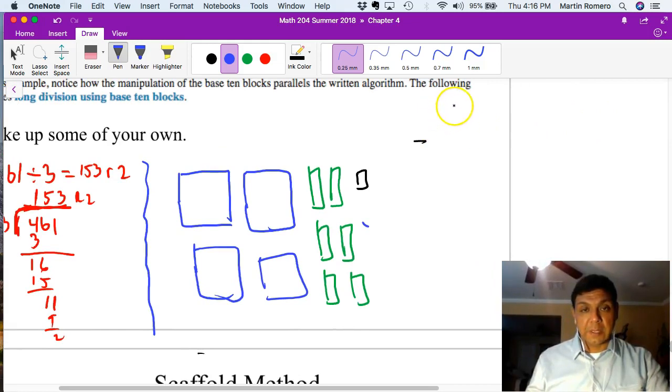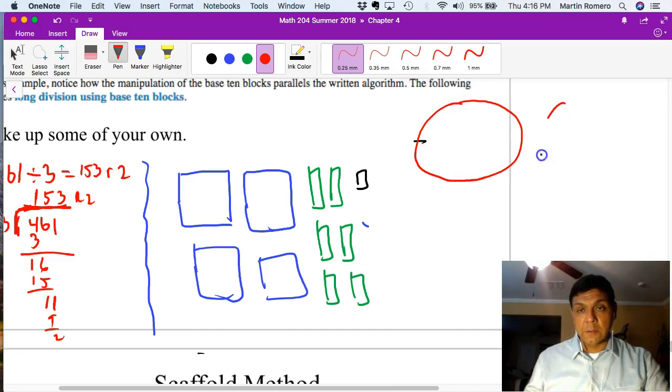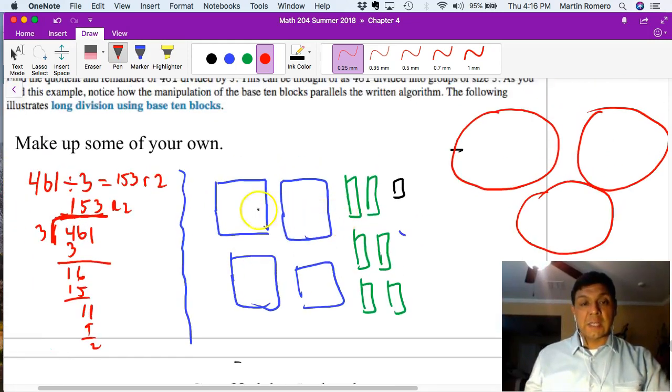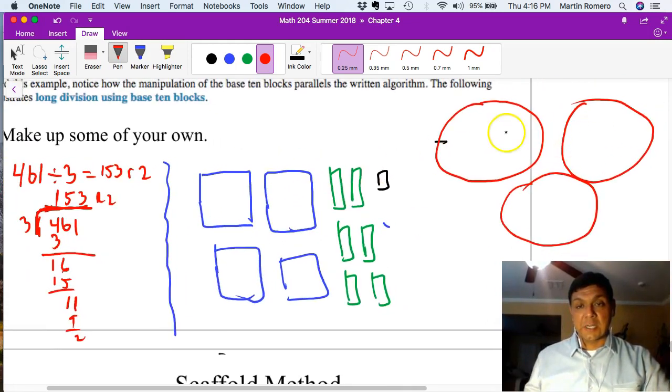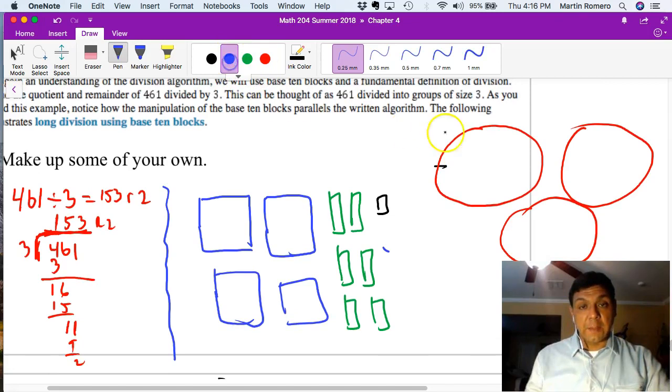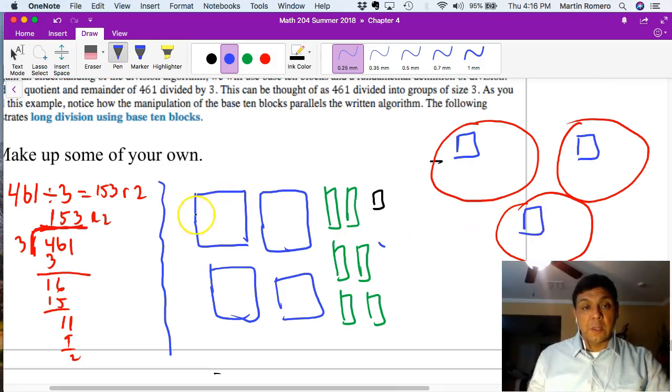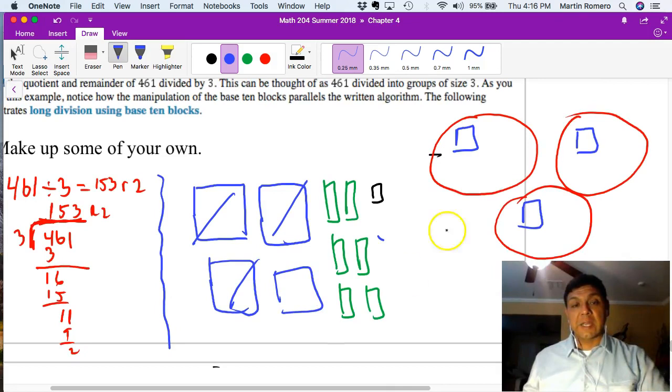So there's 1 group, 2 groups, 3 groups, and you ask yourself, how many hundreds can I share? There would be 100 here, 100 here, 100 here, there's my 3 groups. I'm still left with 1 hundred, but I can't break that up.